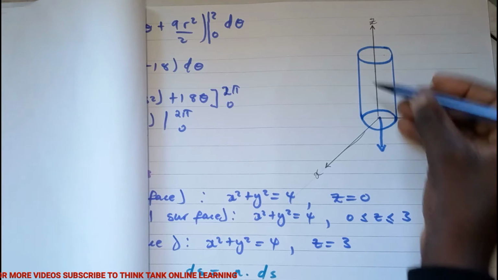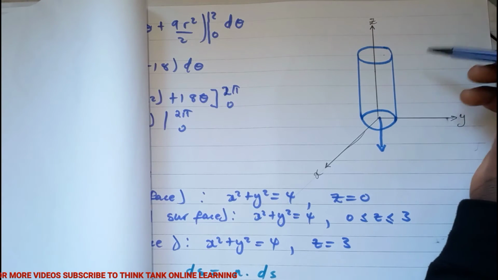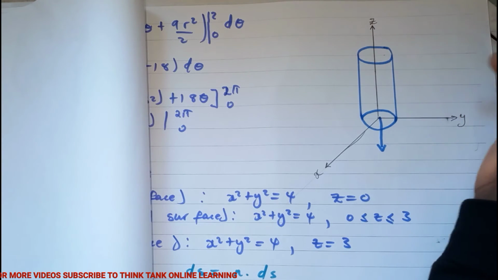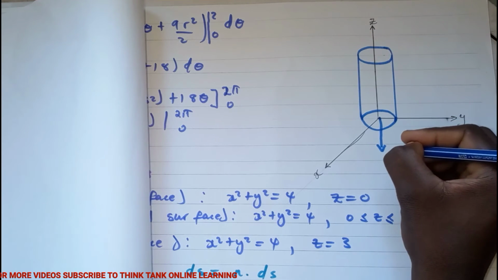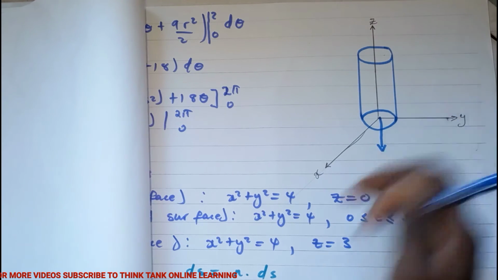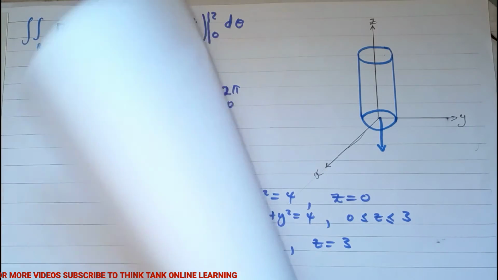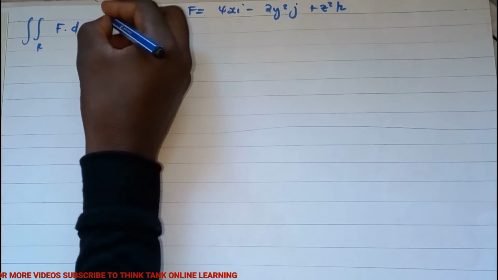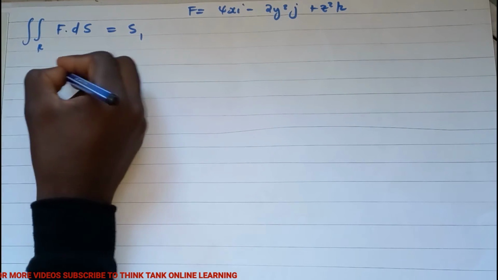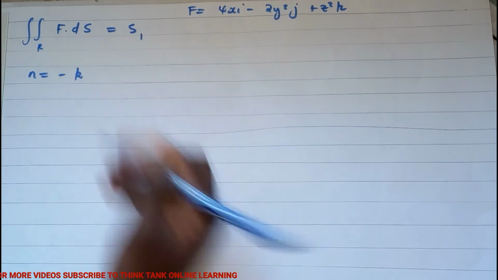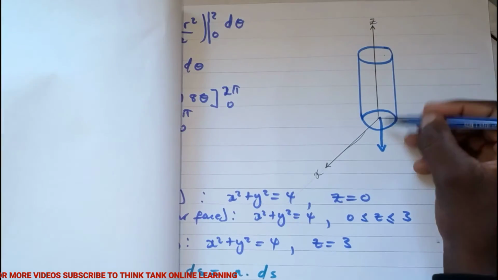Since this is positive z, assuming this surface is oriented upwards, the downward normal is going to be negative z. So in vector form, for S1, the normal is equal to negative k, the downward normal.